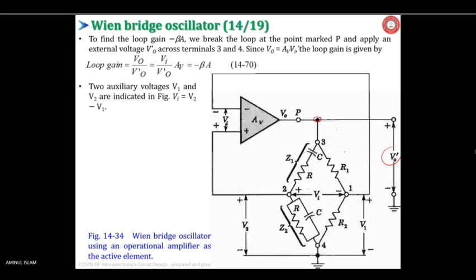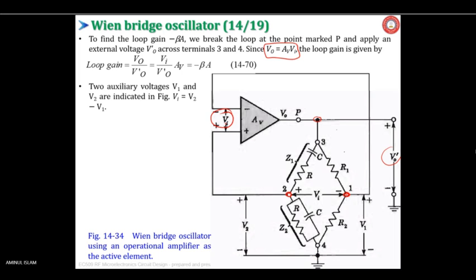Since VO equals AV VI, VI is what? VI is the difference between this point voltage and this point voltage. That is, the voltage of this point 1 is V1 with respect to ground. Voltage of this point 2 is V2 with respect to ground.